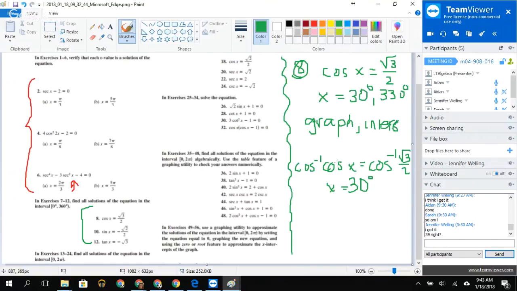Okay, so those are three options to do the same thing. You can see 7 through 12, it's just using sine, cosine, tangent, just different varieties of the same thing. So you can graph, you can use the unit circle, you can use the inverse. All of those are options in order to figure out what the values are.